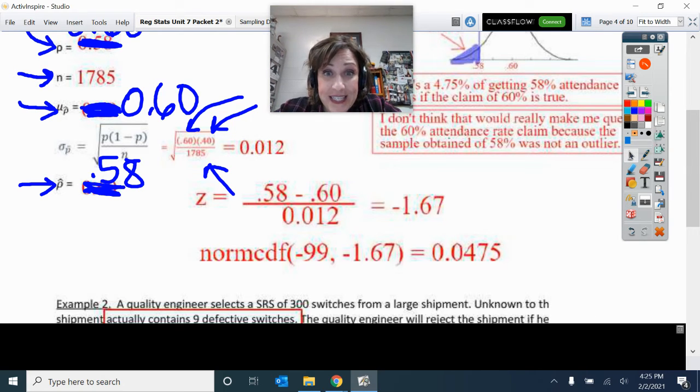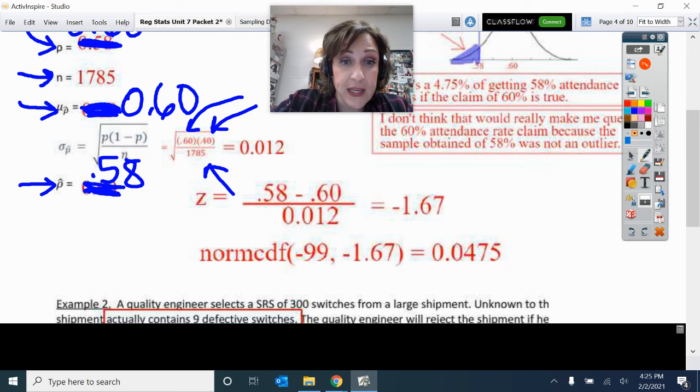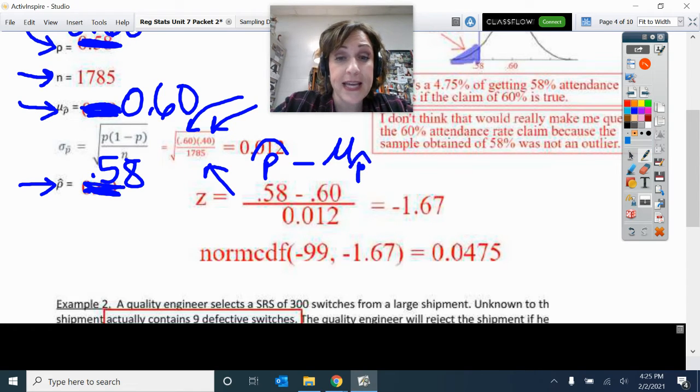Well, we would get a z-score, because that's going to tell us how many standard deviations it is away from the mean. So this needs to be your p hat. Let's see how far away it is from the mean of the p hats, divided by the standard deviation of the p hats. So there it is.